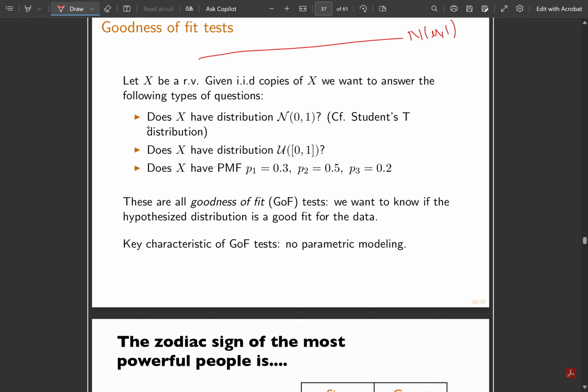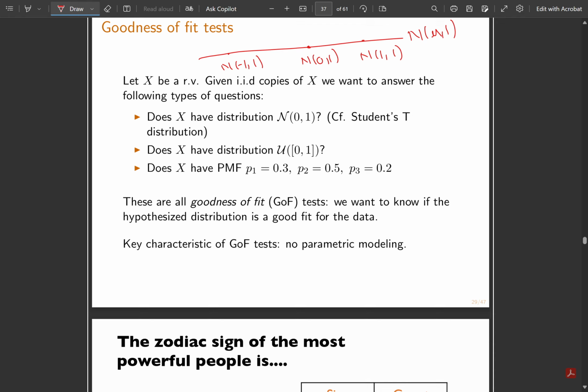So let's suppose this is N(0,1), this is N(-1,1), and this is N(1,1).